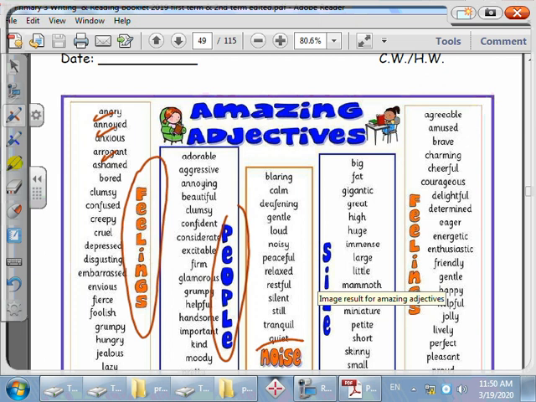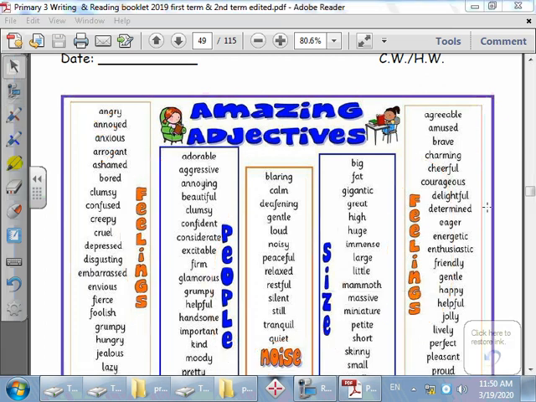When you're describing noise, you could say blaring, calm, and so on. When you're talking about size, for example, you could say big, fat, gigantic, great. Okay? And these here are more words for feelings.